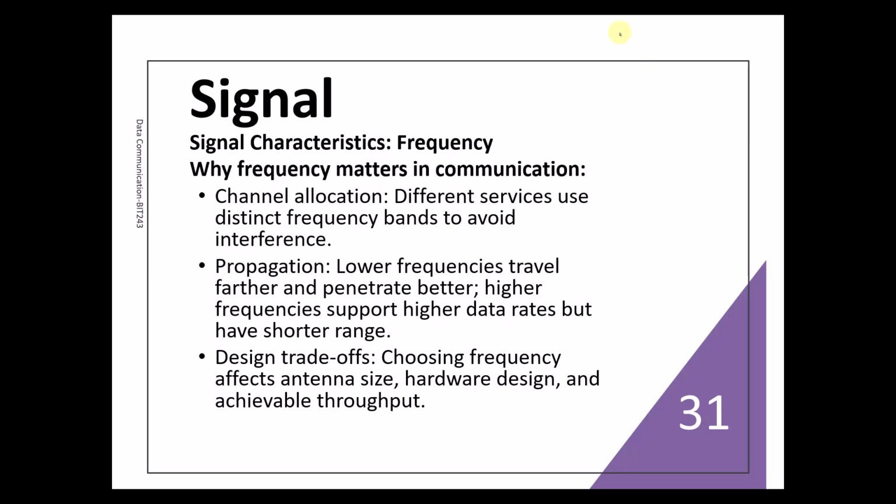Why is frequency important? One, for channel allocation. Just like I mentioned, Wi-Fi has a range of frequencies it operates in, and the mobile communication network also has a range of frequencies it operates in. So the frequencies have been allocated for every type of service.